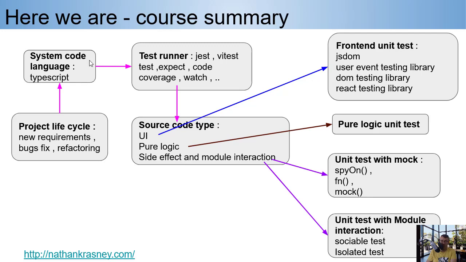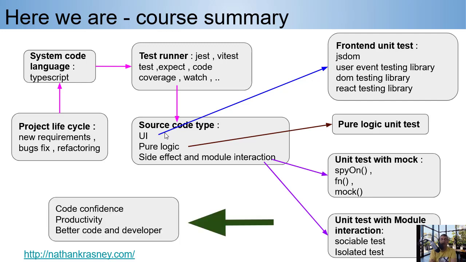You start here, you are making changes in the source code, you are building a test, and the test is built based on the source code and what you get out of it. Well, what you get out of it is code confidence.